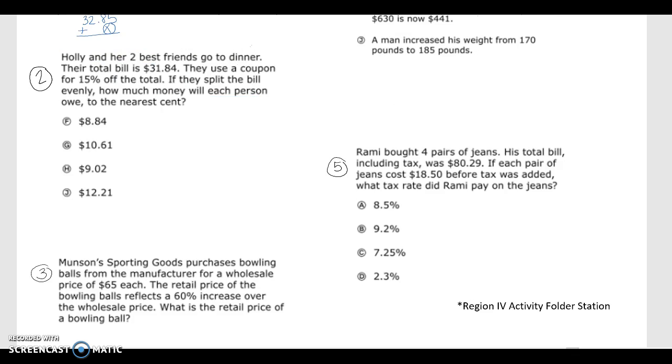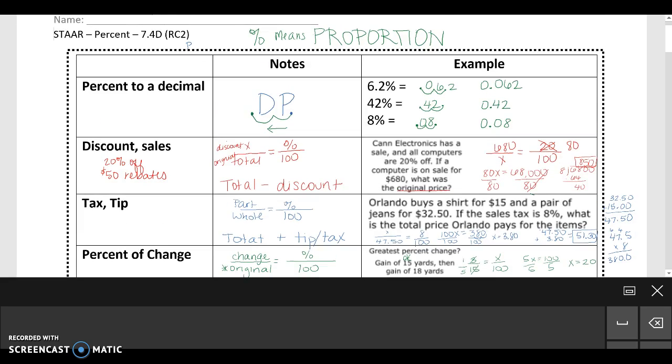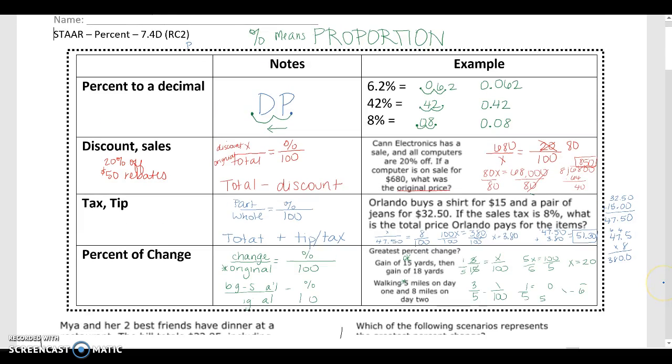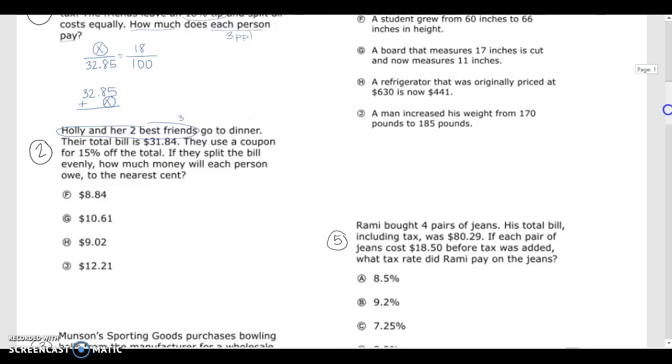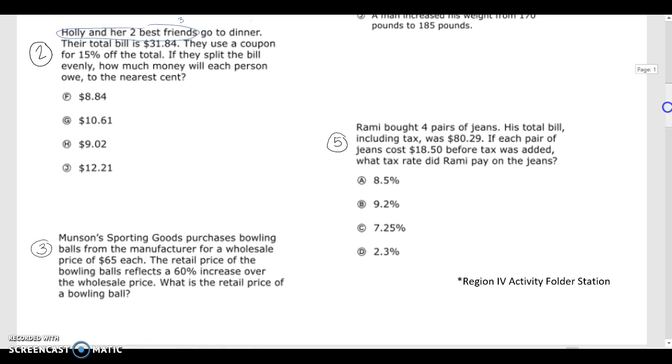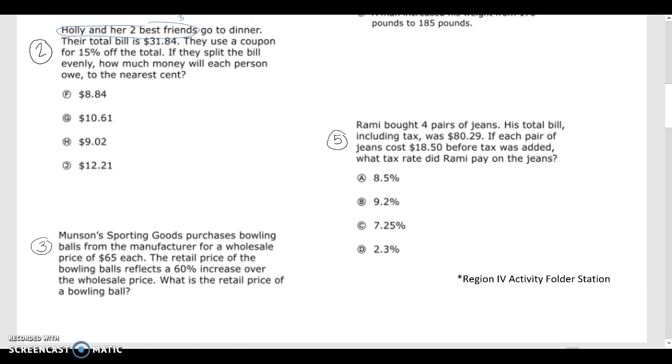Okay, the next one says Holly and her 2 best friends go to dinner. Their total bill is $31.84. They use a coupon for 15% off the total. They split the bill evenly. How much does each person owe? So again, we're talking about 3 people, and their bill total is $31.84.